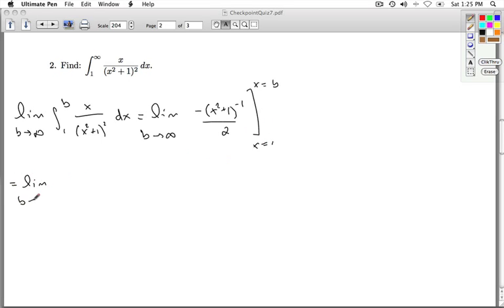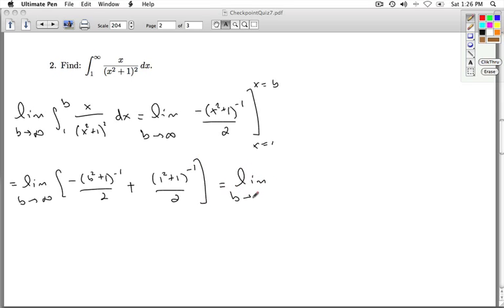This is the limit as b goes to infinity of, substitute the b in there, minus (b squared plus 1) to the minus 1 over 2 minus what you get when you substitute the 1 in. I'll have minus a negative, that'll be a positive (1 squared plus 1) to the minus 1 over 2.